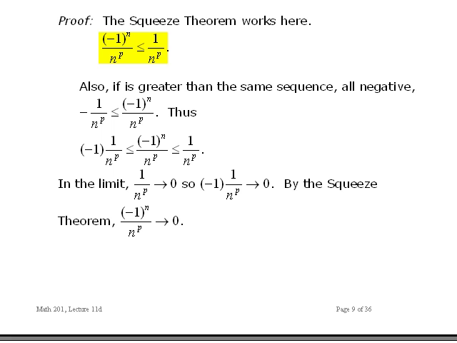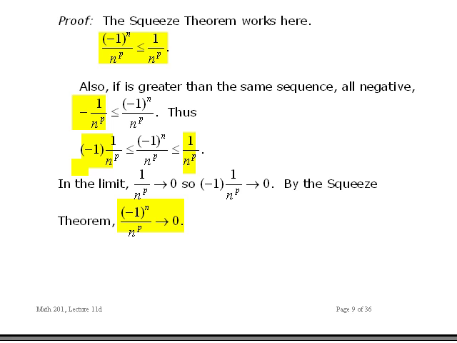And of course, this original sequence is greater than or equal to minus 1 over n to the p. Now here's the squeeze setup: minus 1 over n to the p, the original sequence, and 1 over n to the p. Let's take the limit of both of the flanking sequences, and both of them converge to 0. It doesn't matter that one is multiplied by minus 1. It's going to converge to 0. So the sequence that's sandwiched between the two will also converge to 0. By the squeeze theorem, the alternating p sequence converges to 0.